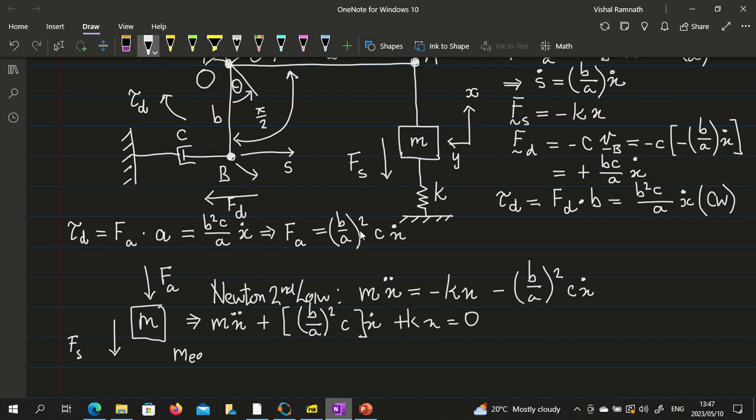So m equivalent is equal to m. C equivalent is equal to b over a squared c, and K equivalent is equal to K.